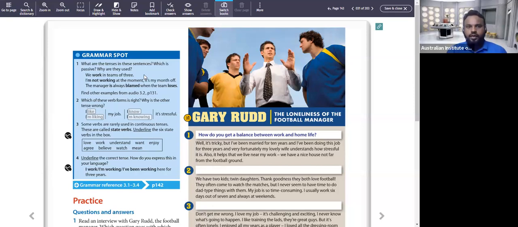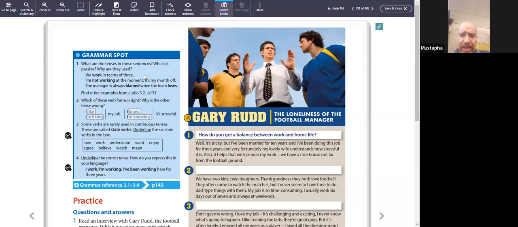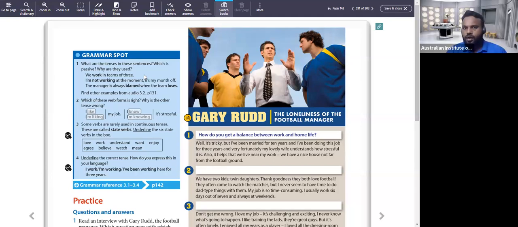I'm not working at the moment. Active form. Which verb tense? It is present continuous. Good. And why? How do you recognize this?